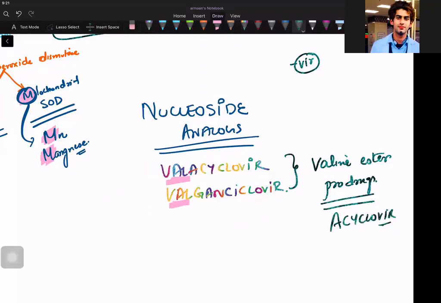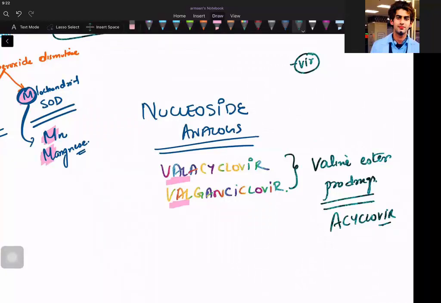You know where we are using this acyclovir? Have you seen, you sometimes have eruptions, blister type of thing around the angles of the mouth, around the lips? That's herpes simplex.